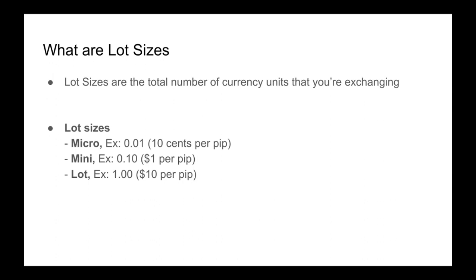And understanding that if you have only a $50 account, you want to use micro lots. You don't want to use a mini or a lot, because you want to be able to take multiple trades. And if you're only risking 3% to make 6 to 9%, you're always going to be winning, unless you constantly lose, which honestly doesn't really happen.